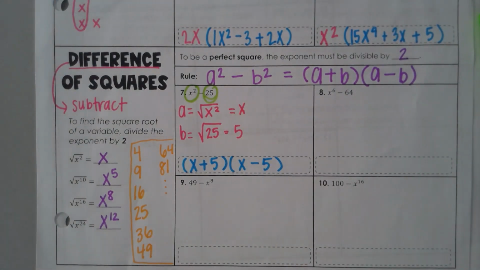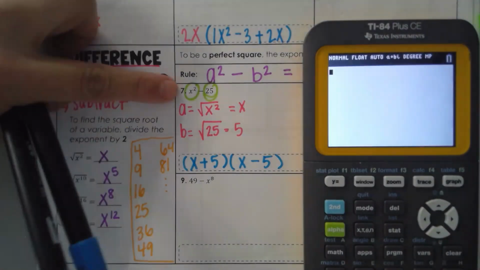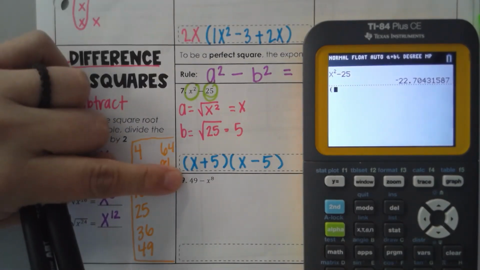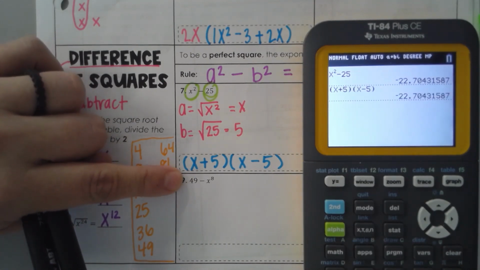Yep. And you'll see in your calculator, if I check x squared minus 25, I get that number. And if I try x plus 5, x minus 5, I get that same number. So I did it correct.